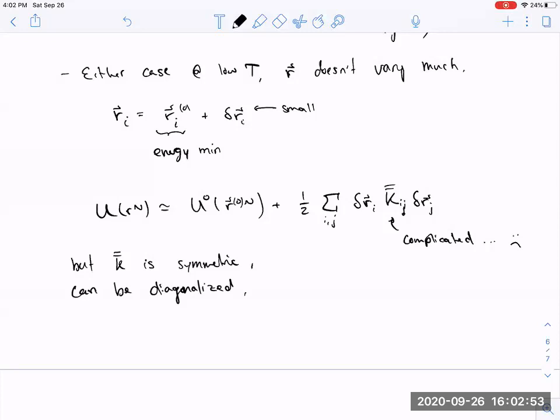The eigenfunctions we call a set of modes, which are going to be writable as linear combinations of the delta R's.